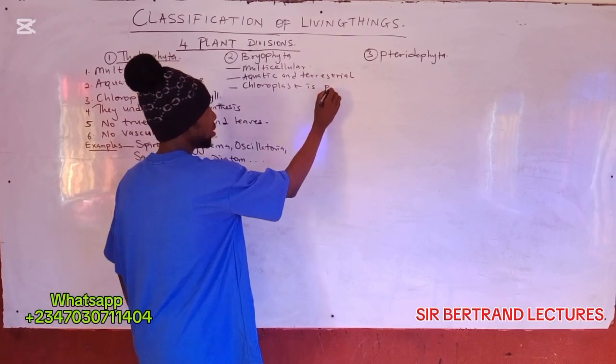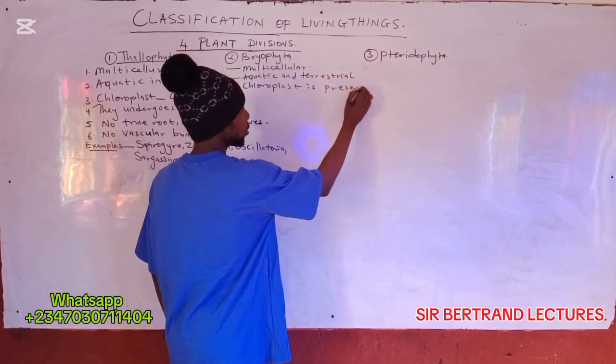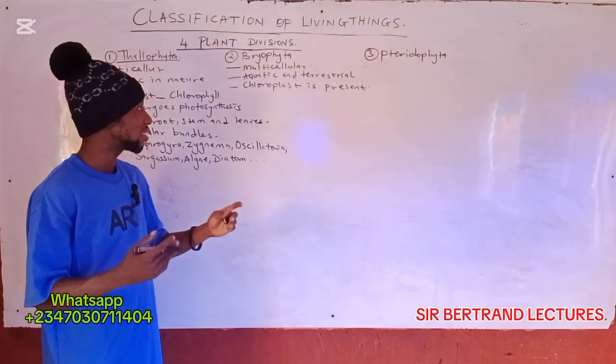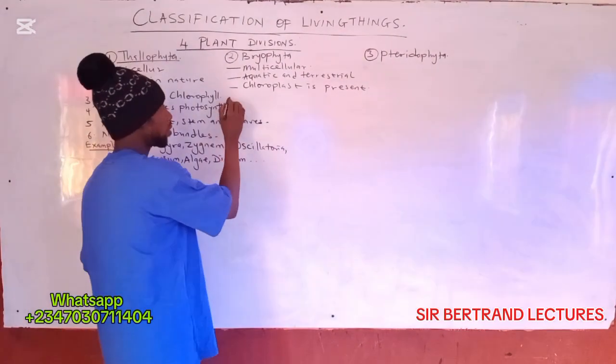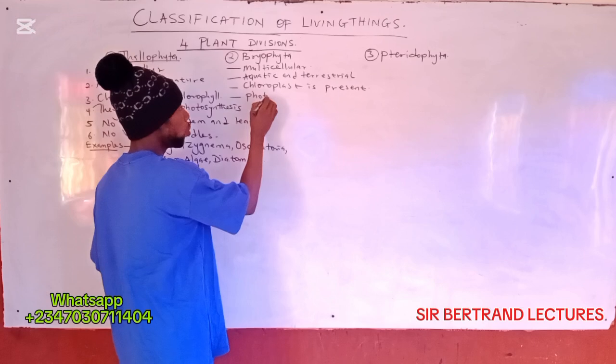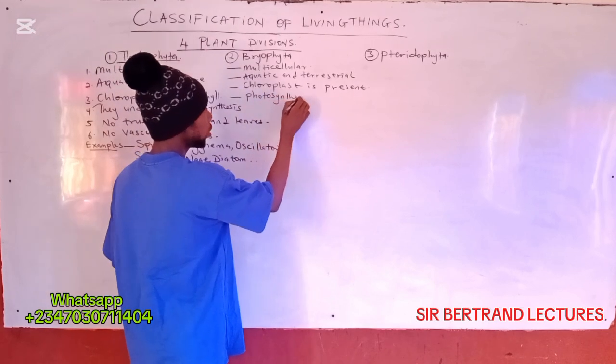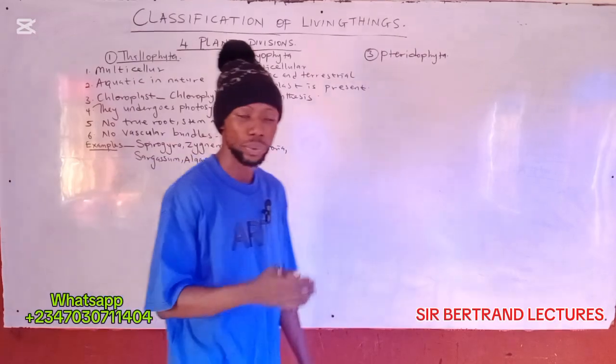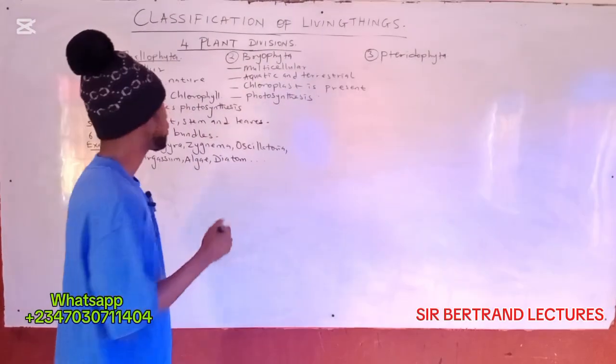Chloroplast is present, and for that reason, they can undergo photosynthesis because of the presence of chlorophyll inside the chloroplast.